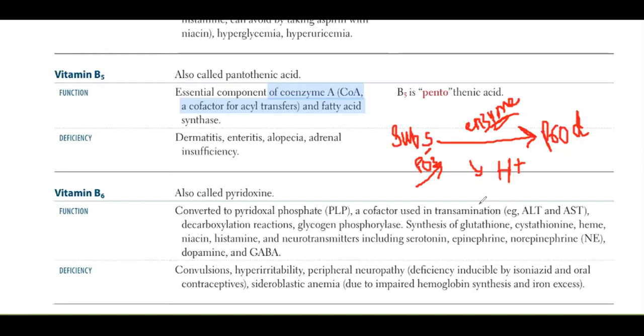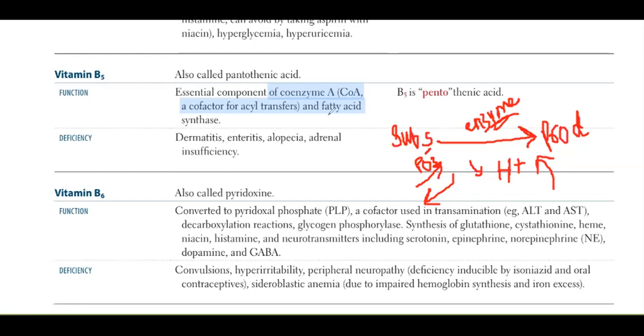If it is a phosphatase, it will remove the phosphate group. If it is a hydrogenase, it will add a hydrogen. So these are the enzymes. I'm just telling you an example. They are the main enzymes.